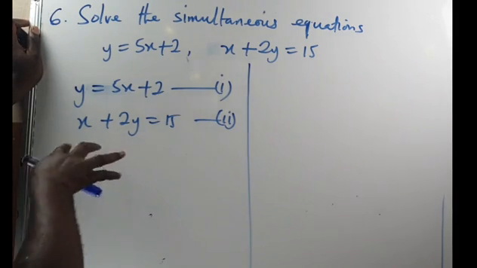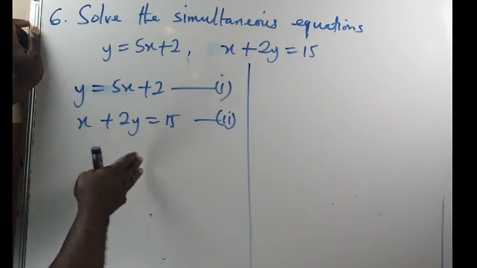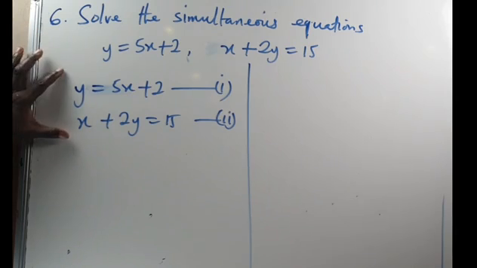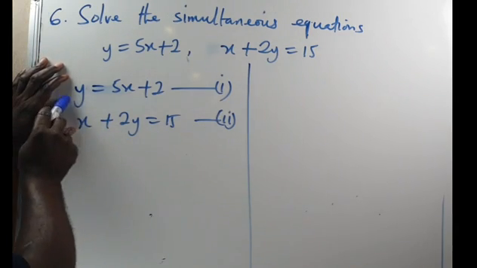So in this question, the best method to use is the substitution method, because y has been made the subject of the formula. We can use other methods, as I've said earlier, but the best method to use here is the substitution method.